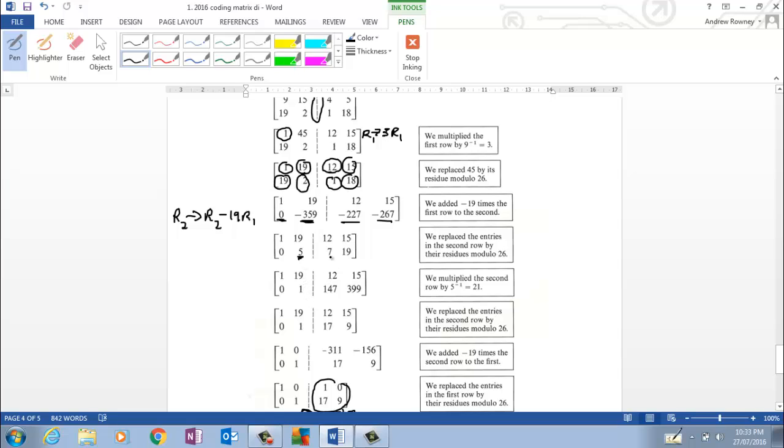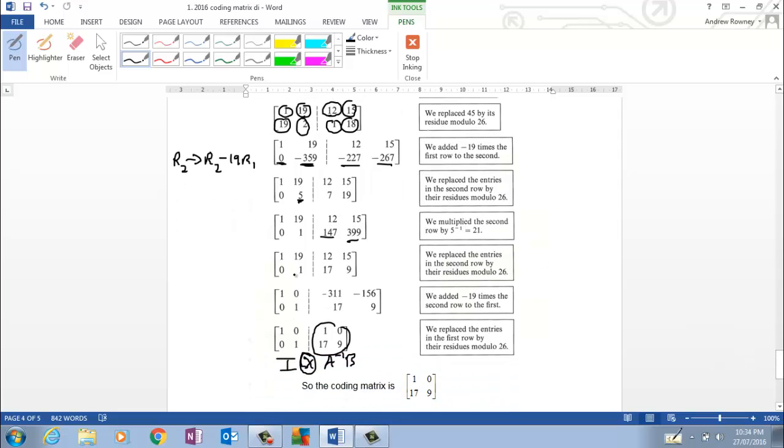And then if you multiply 7 by 21, you'll get that. 19 times 21, you'll get that. Now we have to change these numbers into numbers in the alphabet, so we subtract multiples of 26, and you'll get that to be 17 and 9.